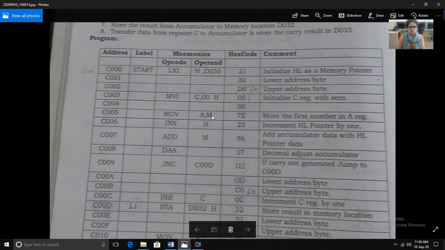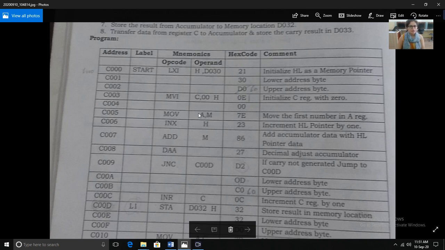As the next operand was at memory location 31, and earlier H was pointing to the 30th location, we have to transfer the content of that memory location into the accumulator. So this instruction, MOV A, M, will transfer the contents of the memory location into the accumulator.